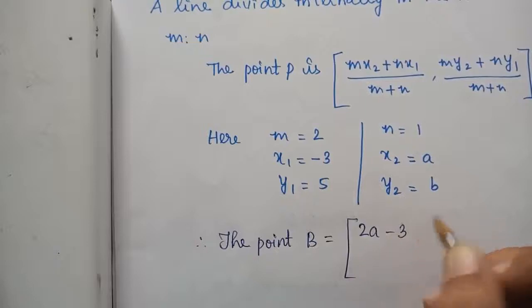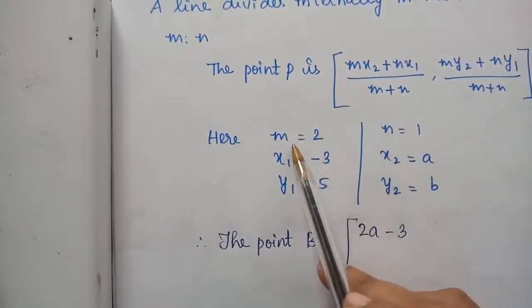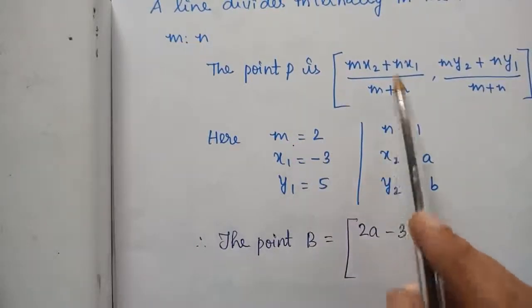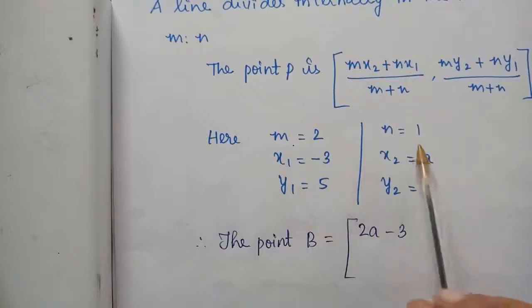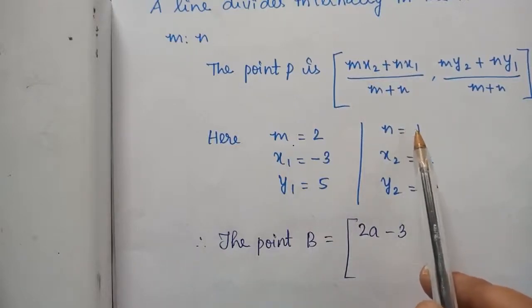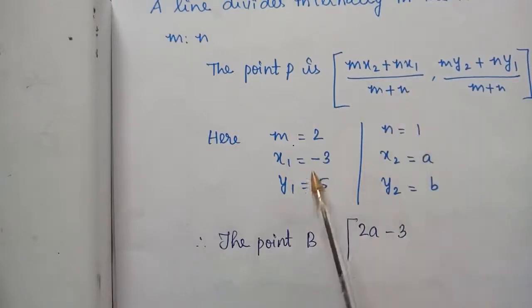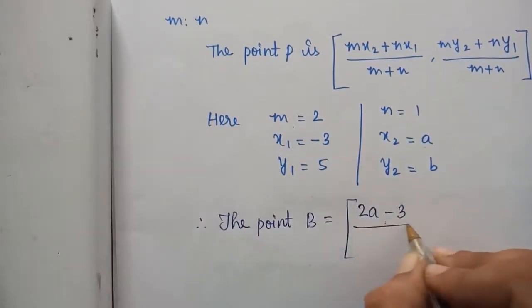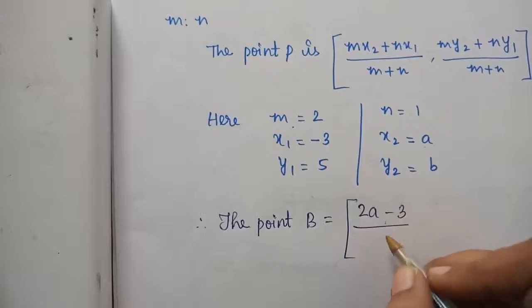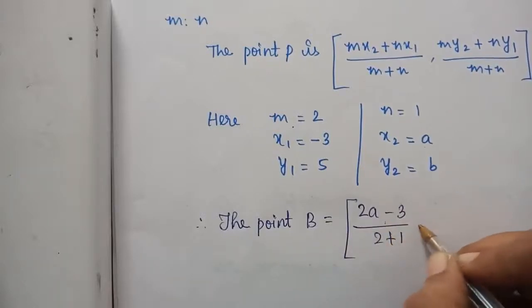So the point B is equal to (2a minus 3), that is, 2 is m and x2 is a, then n is 1 and x1 is -3, divided by m plus n, that is 2 plus 1.